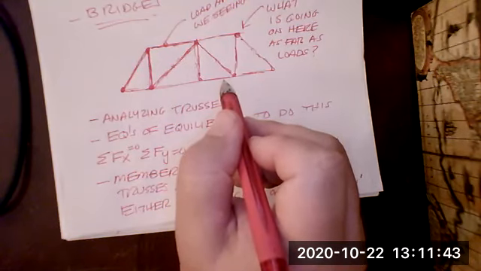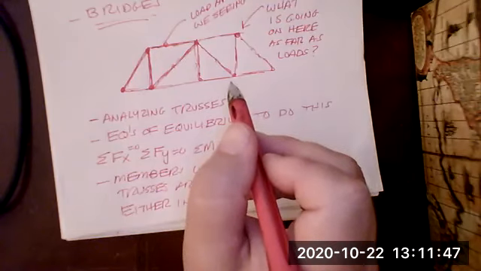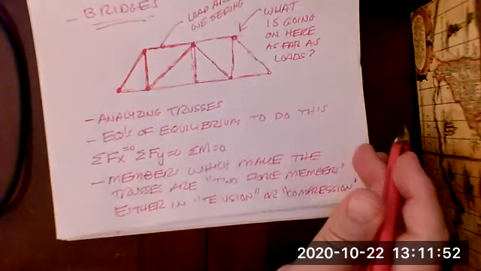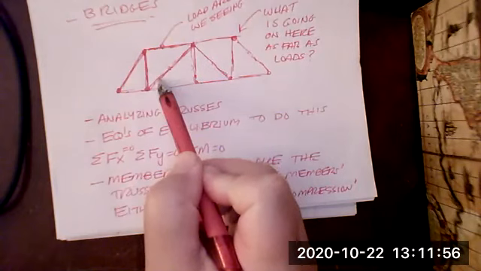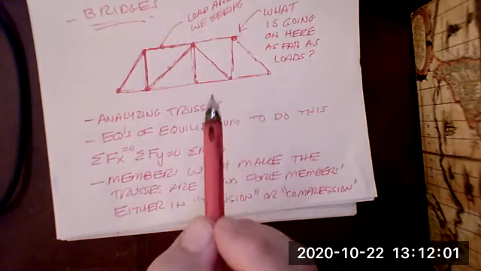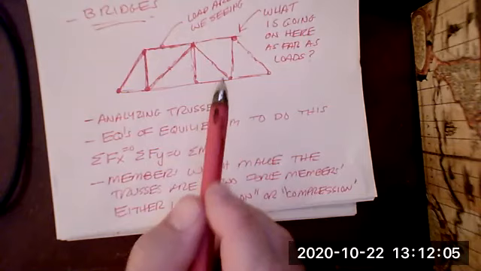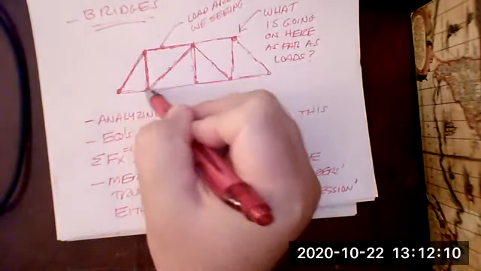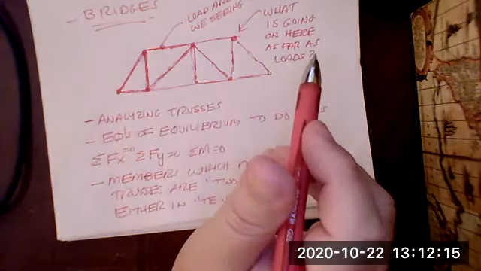Or is it going to buckle, or is it going to shear, or what's going to happen? Something might happen to your roof, right? And they're two force members. You're only going to have tension or compression in these members. Okay. So again, a truss is a triangular element.